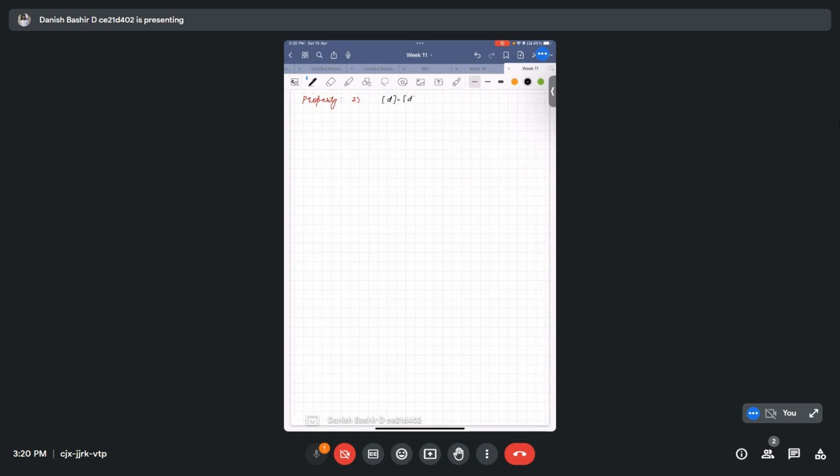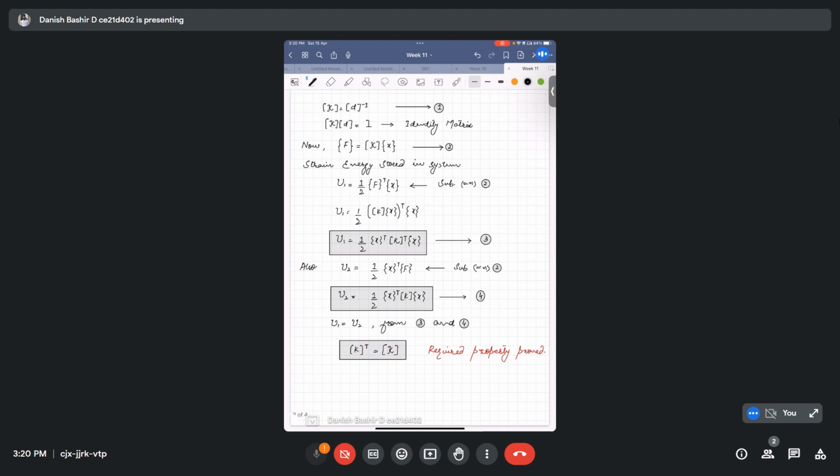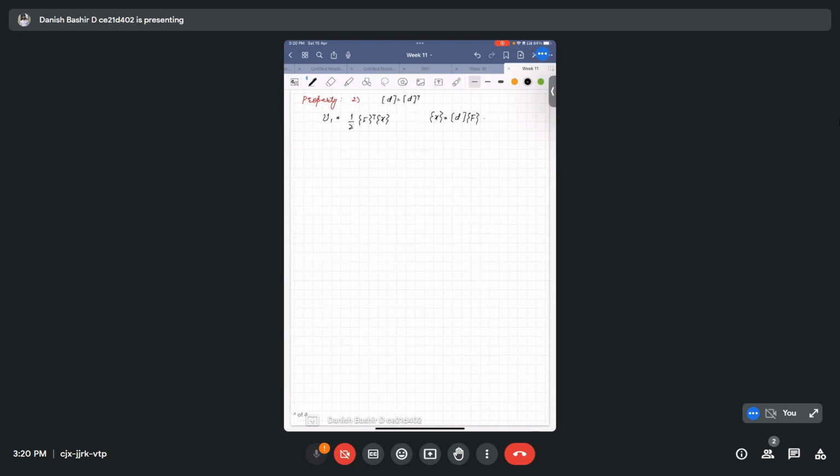In a similar manner, I can write U1 as one half of force vector transpose times displacement vector x. Here I am using the formulation that displacement x is equal to the flexibility matrix D times force vector F. This is the fifth equation.